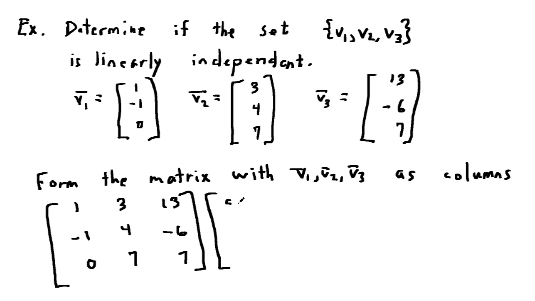And we want to know what C1, C2, and C3 are. This is our column vector of the weights, C1, C2, and C3.